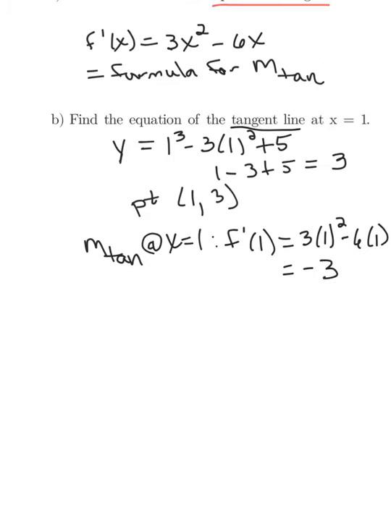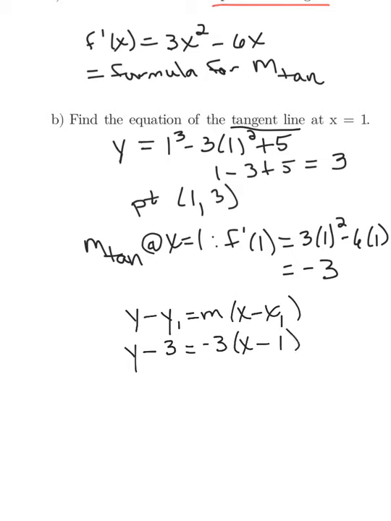Now we have our point and we have the slope, so we are ready to use the point slope formula, which is y minus y1 equals m times x minus x1, where the y stays in as the variable, y1 is the y of your point, which is 3. We just said slope was negative 3 times x minus the x of your point, which is 1.